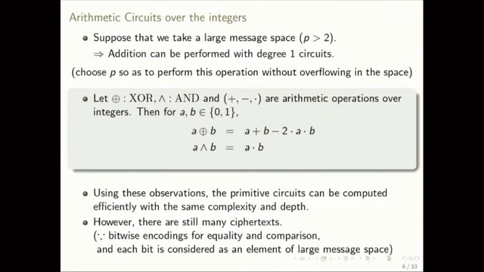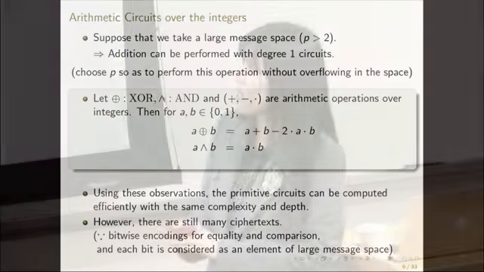Now consider these circuits over the integers. Suppose that we take a large message space, then the addition can be performed with only degree 1 circuits, but we have to choose p so as to perform these operations without overflowing in this message space. And we can revise the previous circuits using these facts.